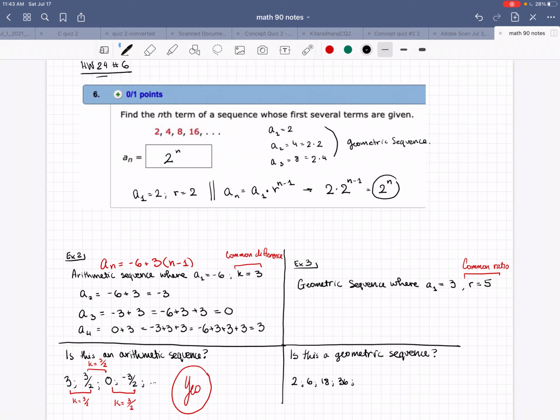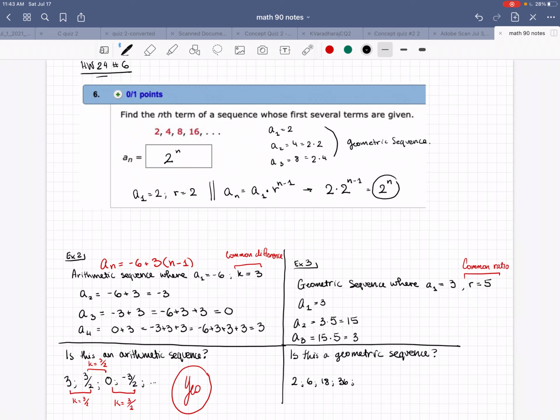So let's check it out. a sub 1 is 3, a sub 2 is 3 times 5, which is 15. For a sub 3, you're going to notice an immediate similarity with the arithmetic sequence example. We take the previous term and multiply it by 5.